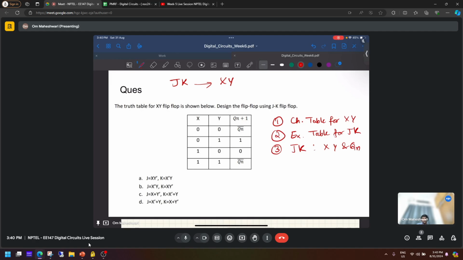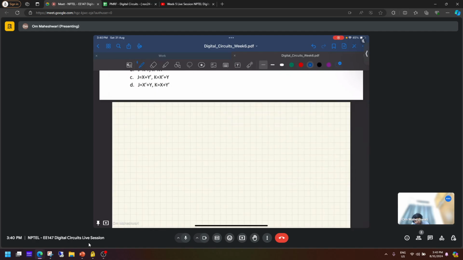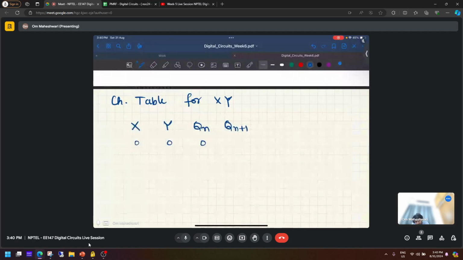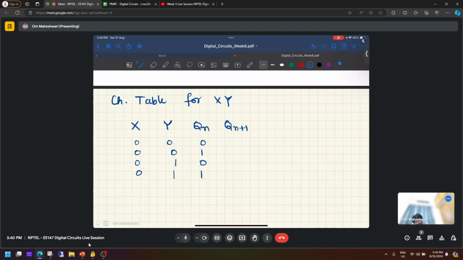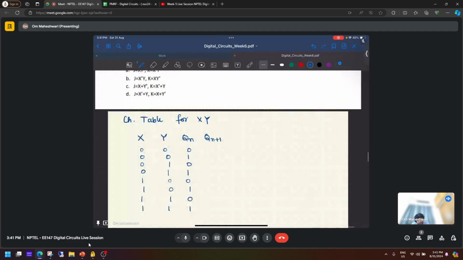So first let us write the characteristic table for the XY flip-flop. We will write this characteristic table with the help of this truth table.